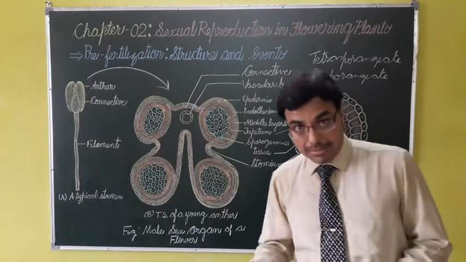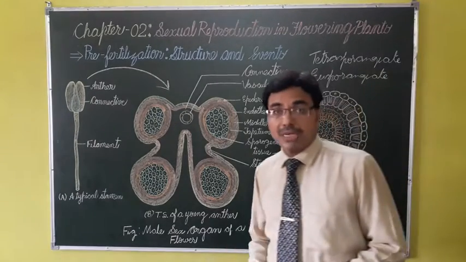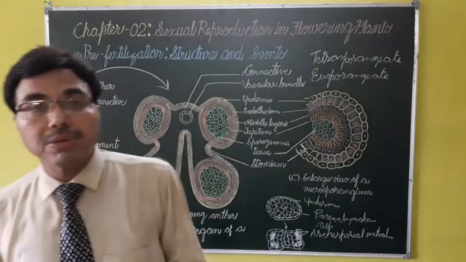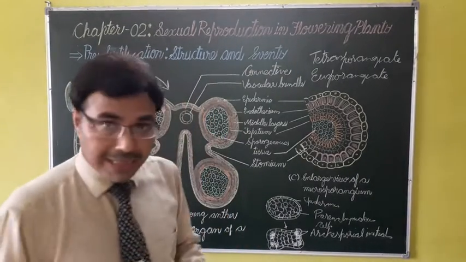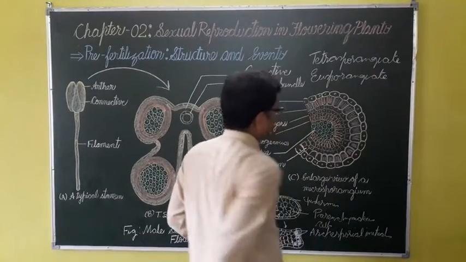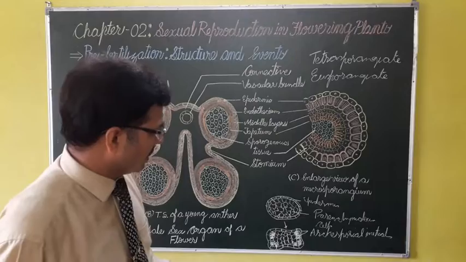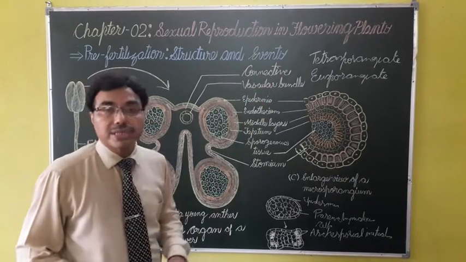So not one, more than one, a group of cells are responsible to form the microsporangia, and that type of anther is called eusporangiate. So I think you must be clear right now what is the meaning of tetrasporangiate anther and what is the meaning of eusporangiate anther, right?